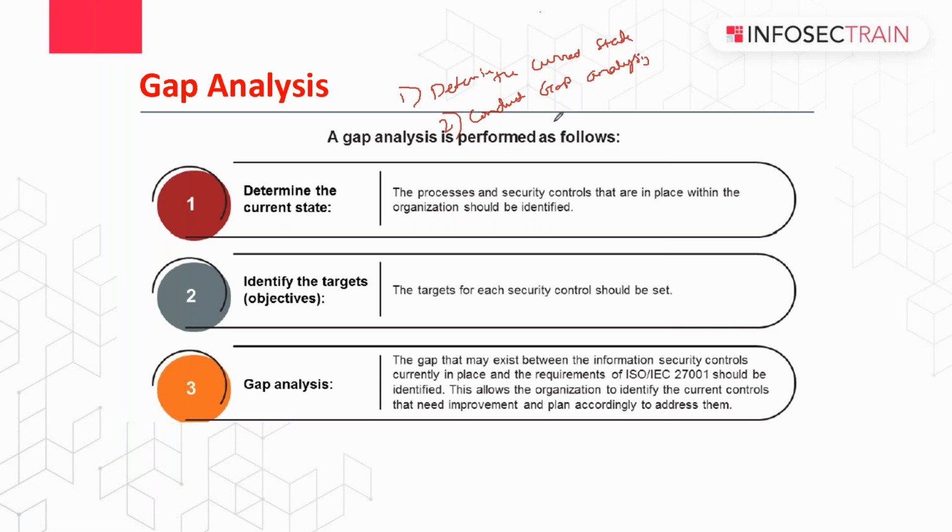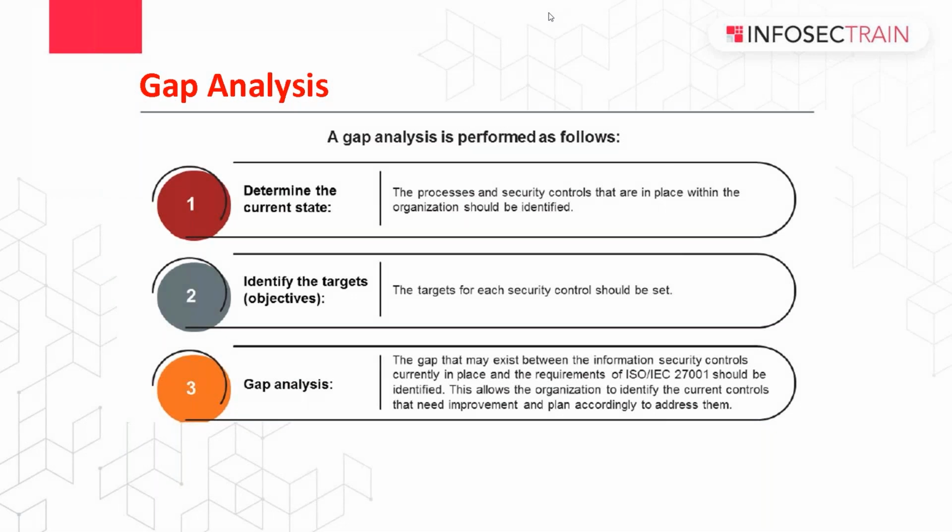Once the gap analysis has been done, I will move to the third step, establish maturity target, and publish the gap analysis report. This is what the 4 steps are.